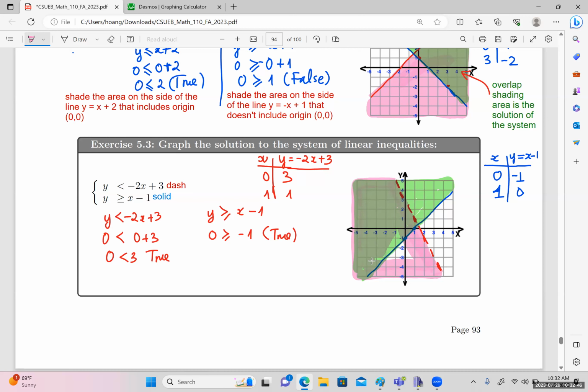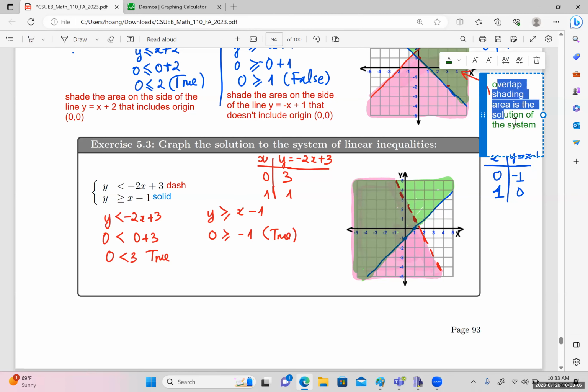So we mostly consider the overlap shading area, right? The overlap shading area will be the solution. Okay, so let me see. Here, copy this word.